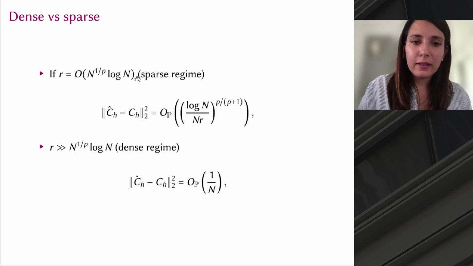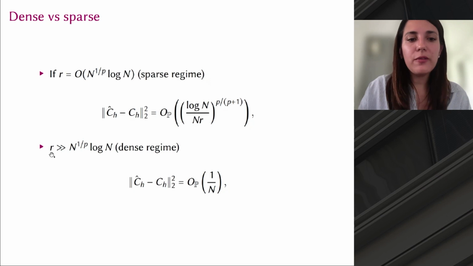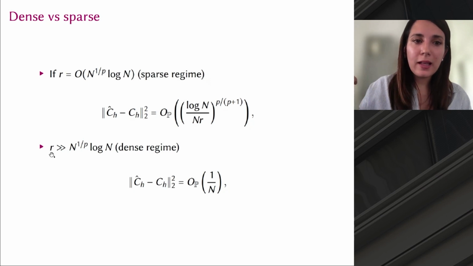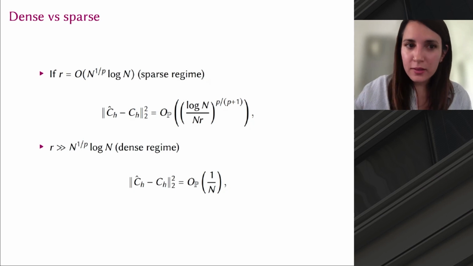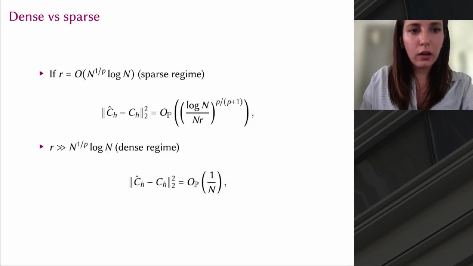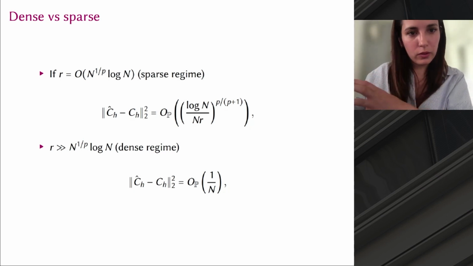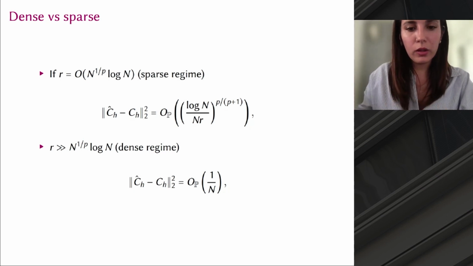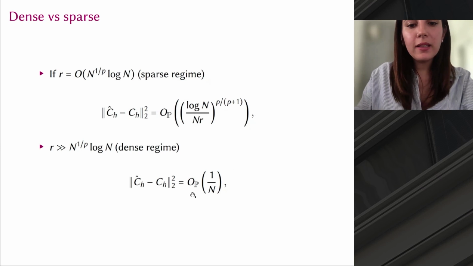If instead R is allowed to increase with N, a kind of dense regime in which our observations increase on a single curve, then the leading term is 1/n, which is a parametric rate of convergence.